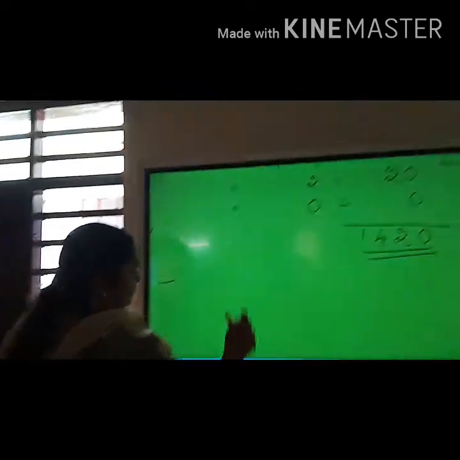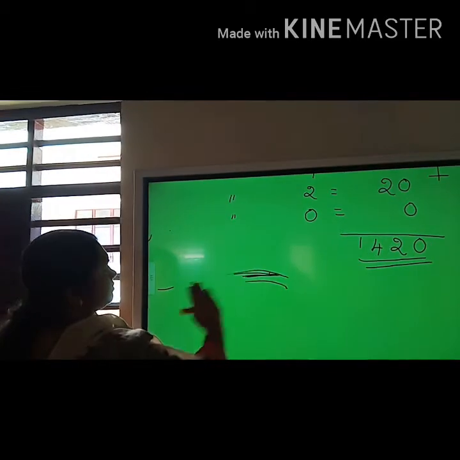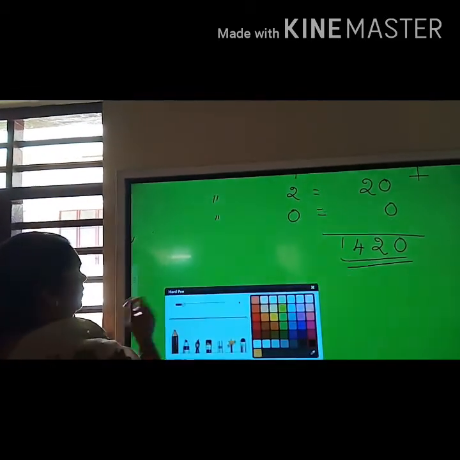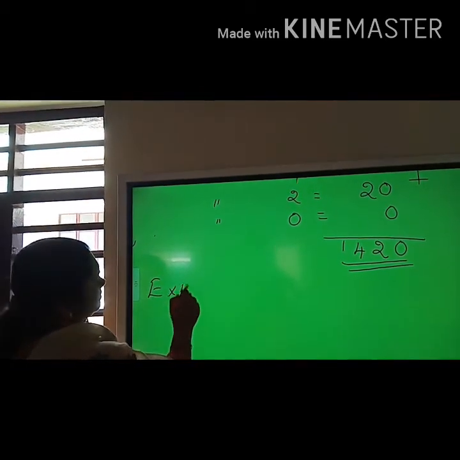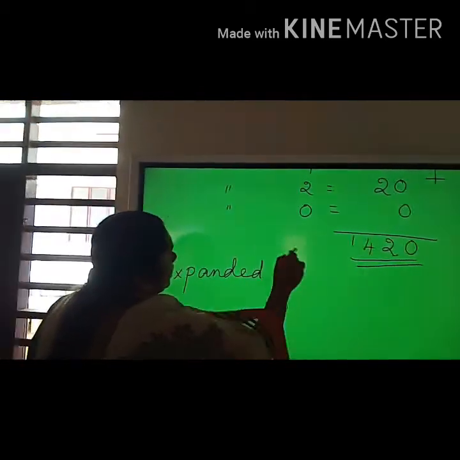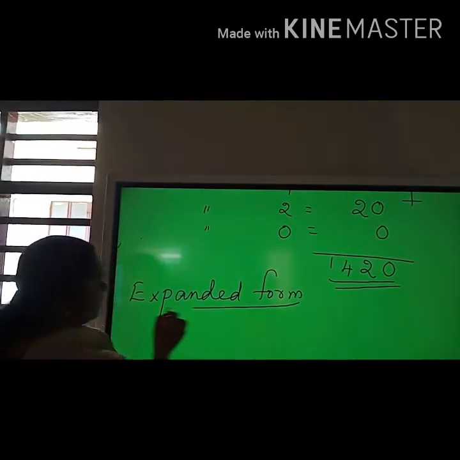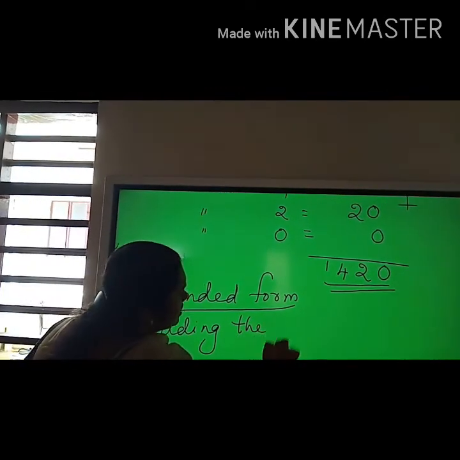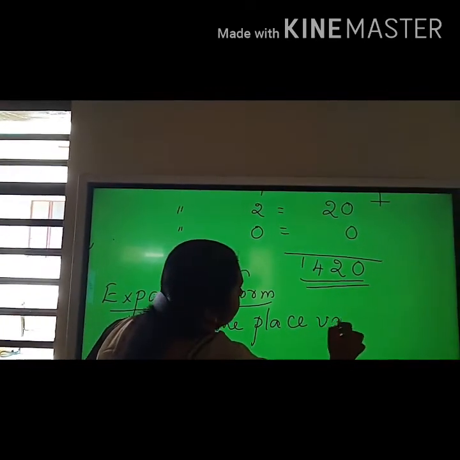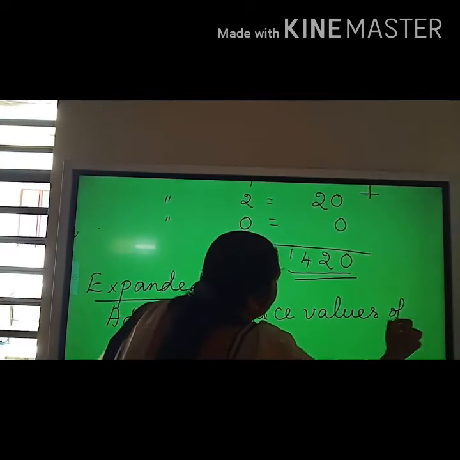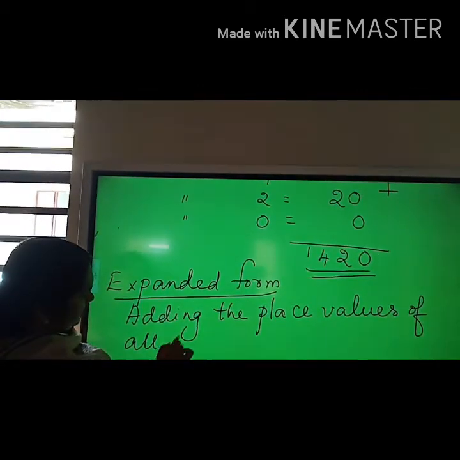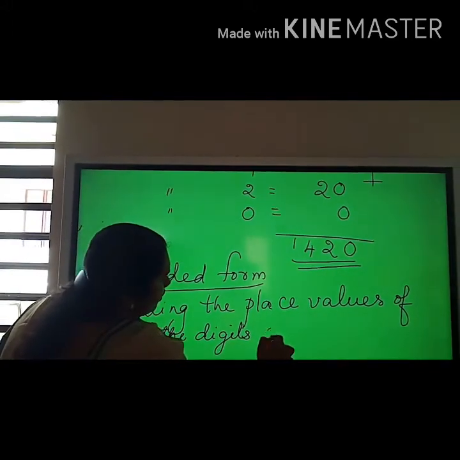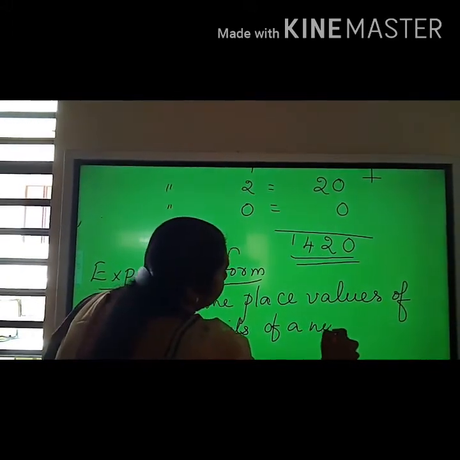Then I will show you. Expanded form is nothing but adding the place values of all the digits of a number.